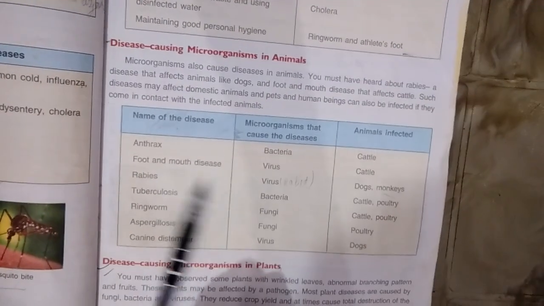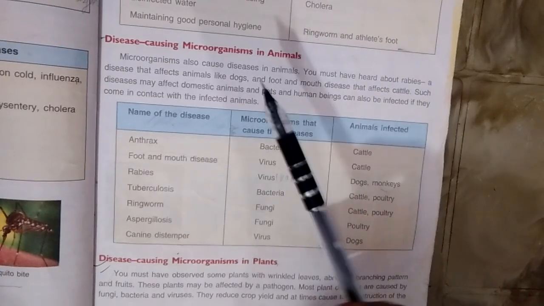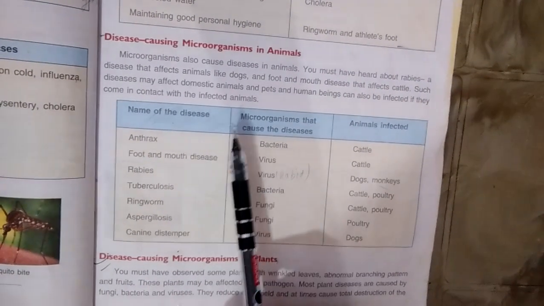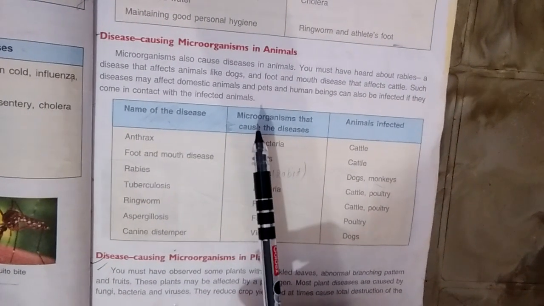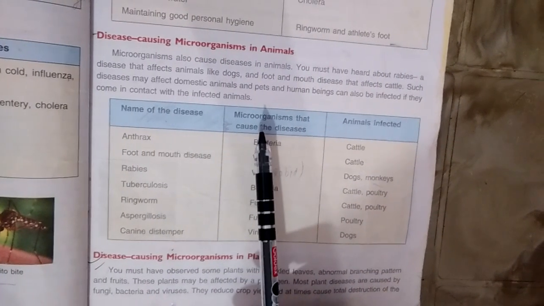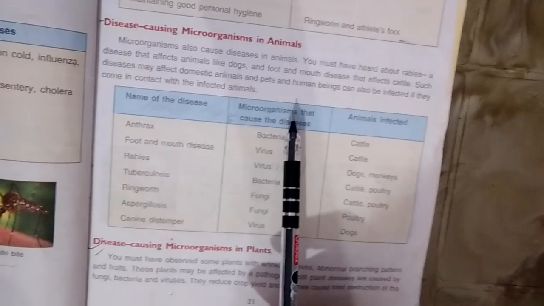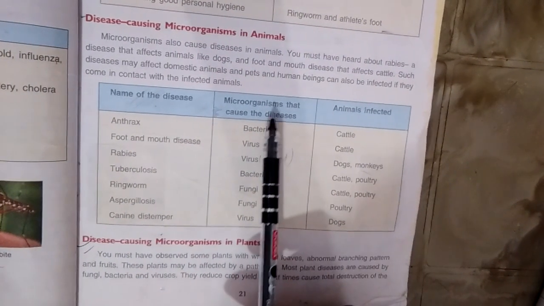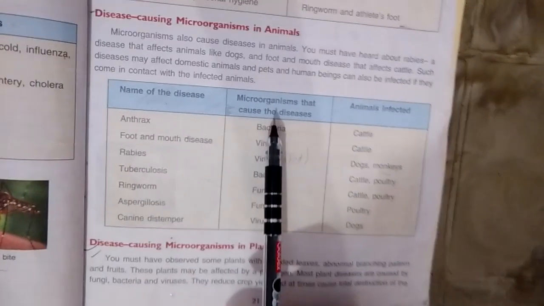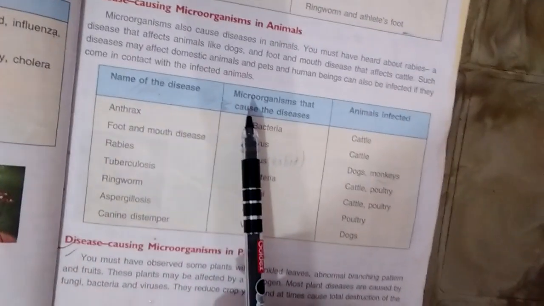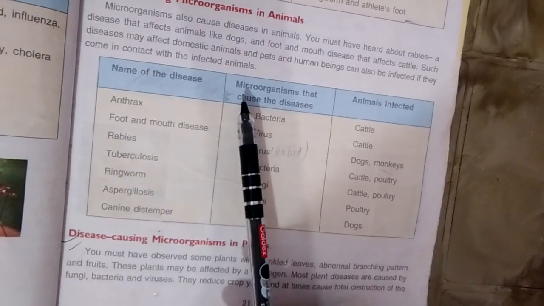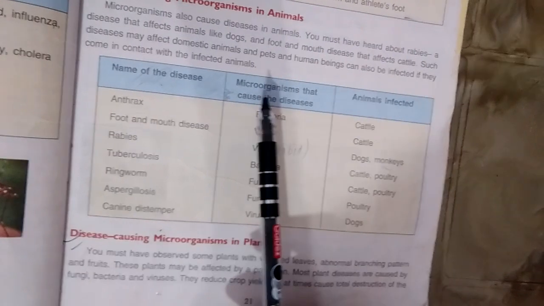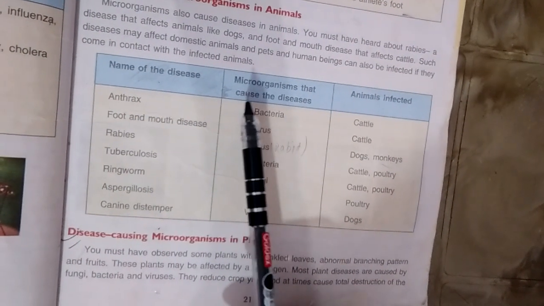Such diseases infect domestic animals also, pets also, and from the pets, human beings also get infected if they come in contact with the infected animals. Nowadays, it is said that the viruses which infect animals can also infect humans.